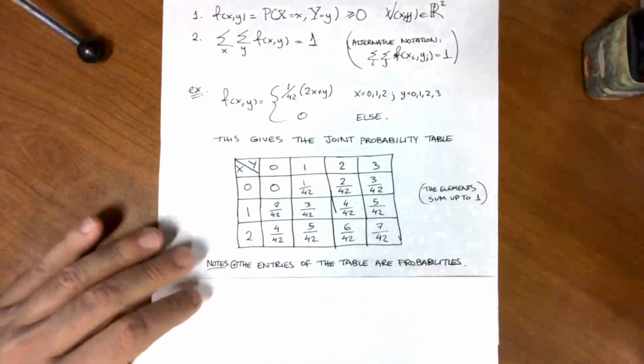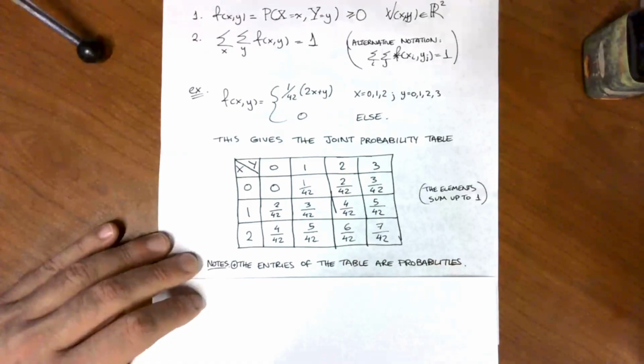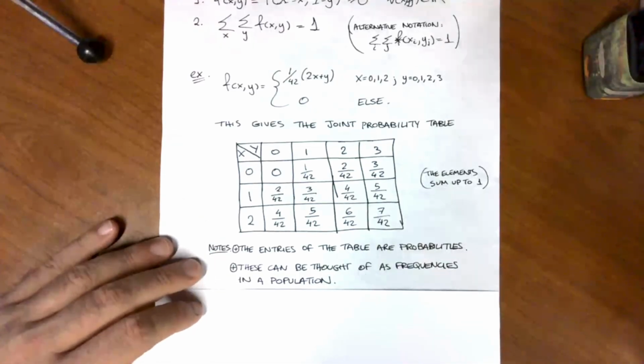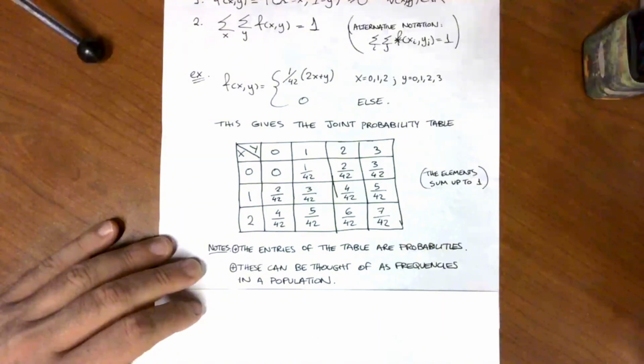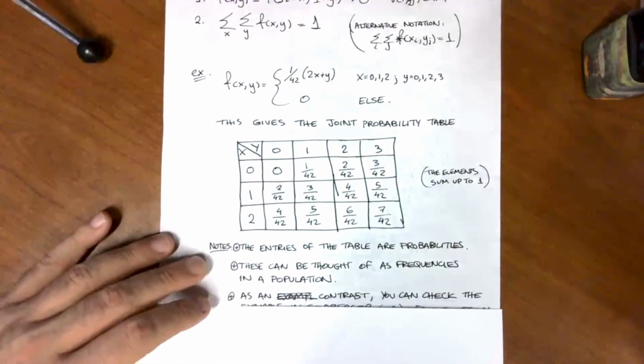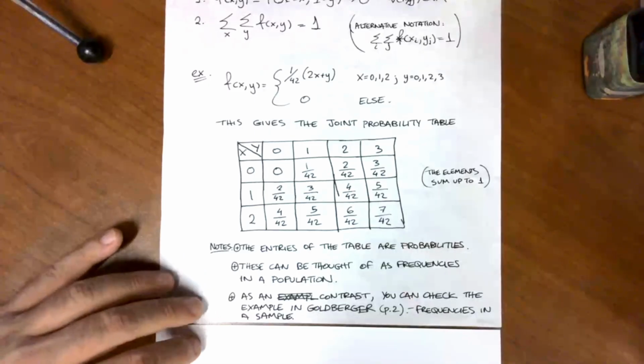So note again that all of these entries on the table are probabilities, very similarly to the univariate case, and in many ways they can be thought of as perhaps the equivalent of seeing some frequencies in the population of whatever phenomenon you are trying to explore.